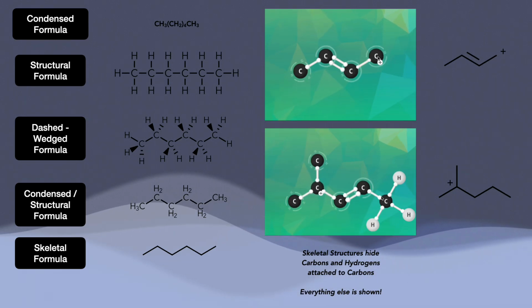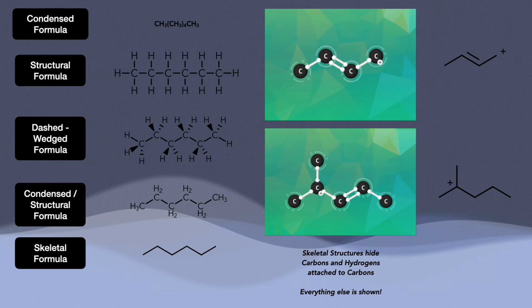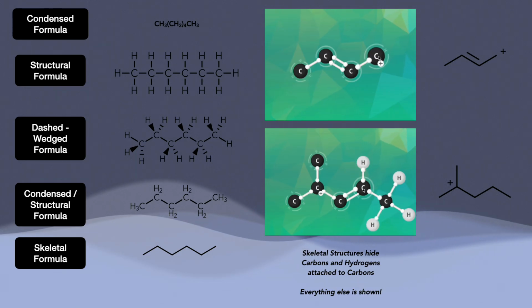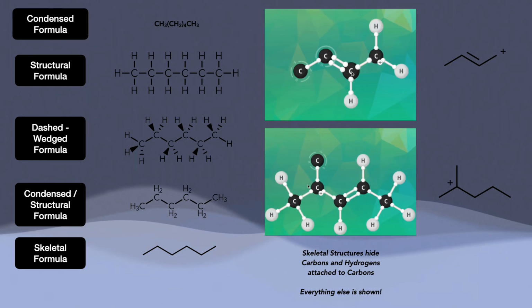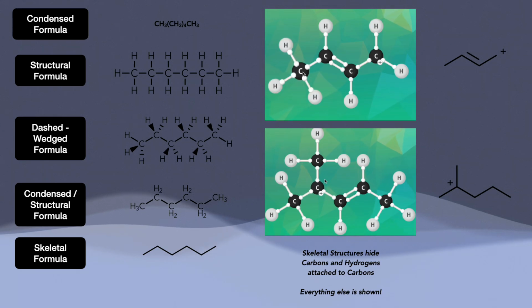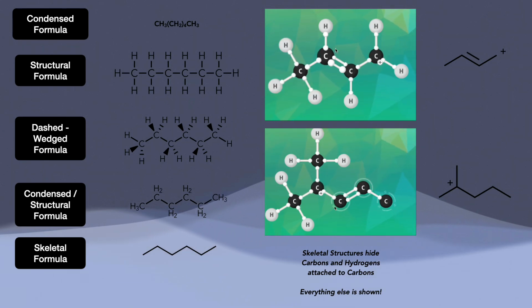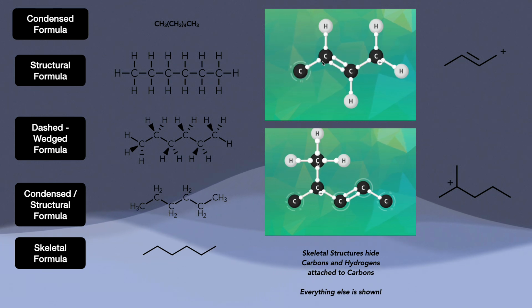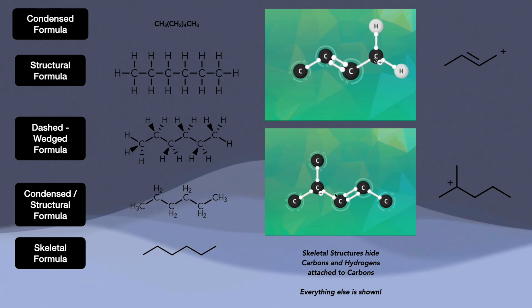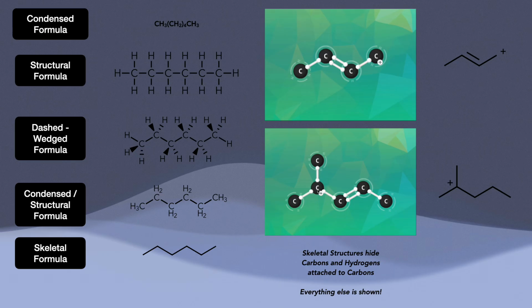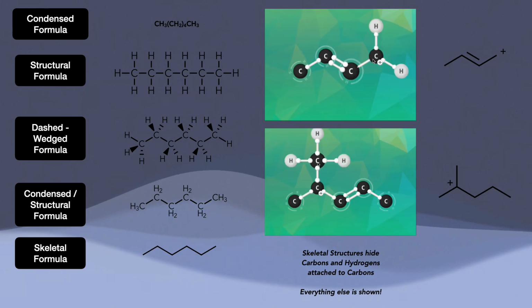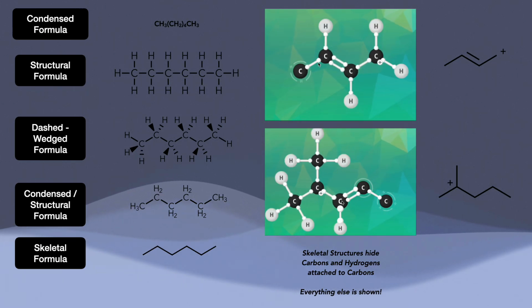But the most frequent technique that we will use in organic chemistry is the skeletal formula or the bond line formula. And this simply hides the carbon atoms and the hydrogens attached to carbon atoms. So skeletal structures, again, hide carbon atoms and hide the hydrogens attached to carbon atoms.